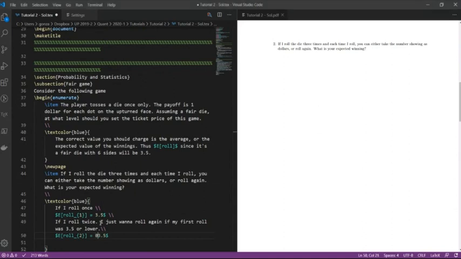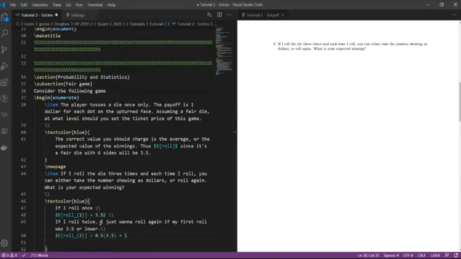So 0.5 is the probability that I roll 3.5 or lower. On half the chances I'm just gonna take my first roll.